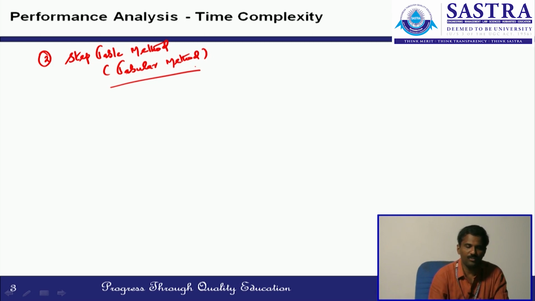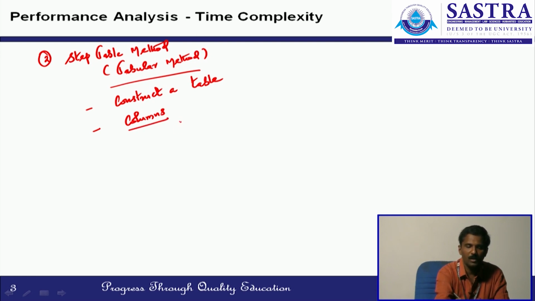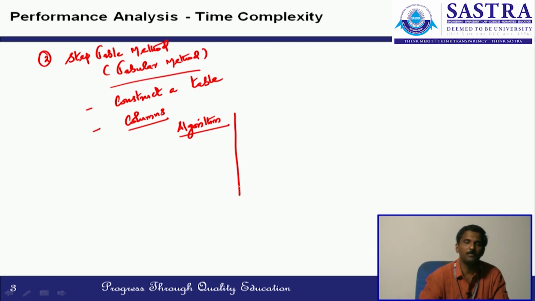In this step table method or a tabular method, we need to construct a table in which we need to specify some columns. The columns are algorithm, that means this is the name of the algorithm.